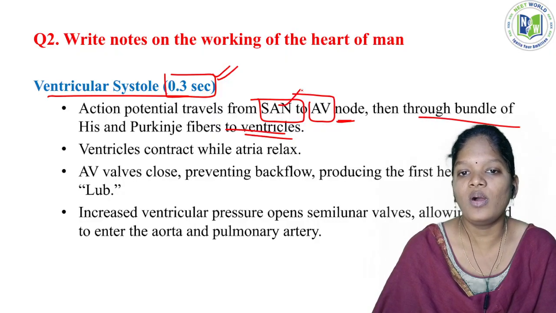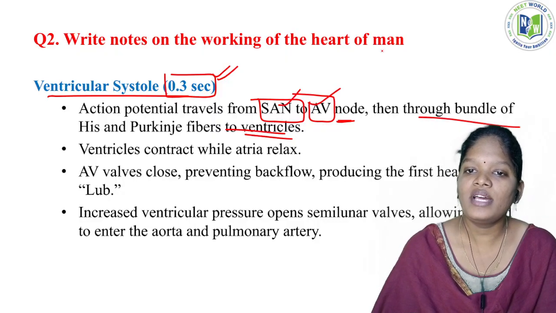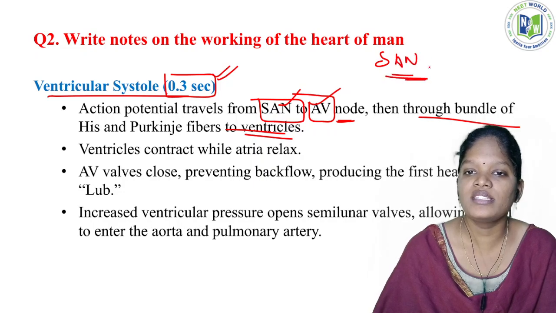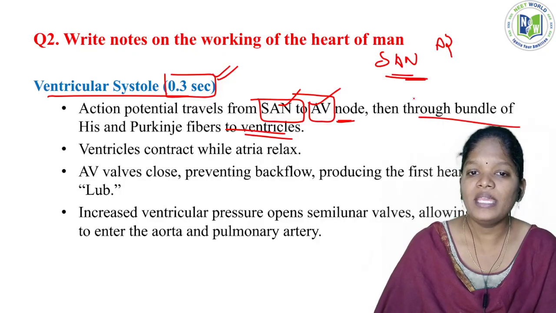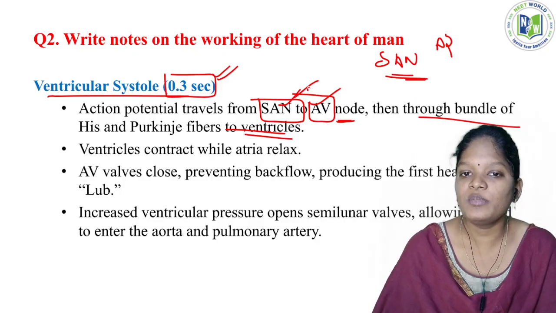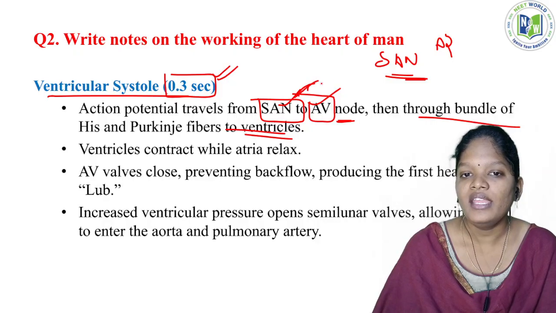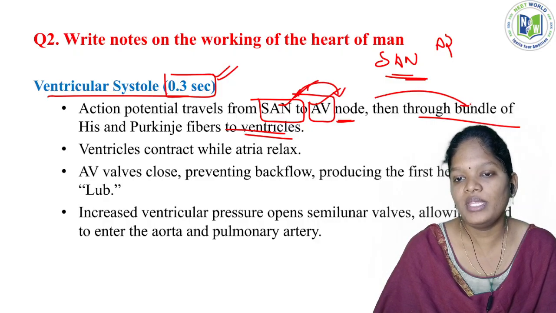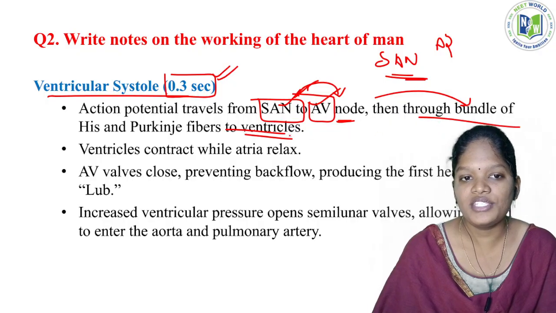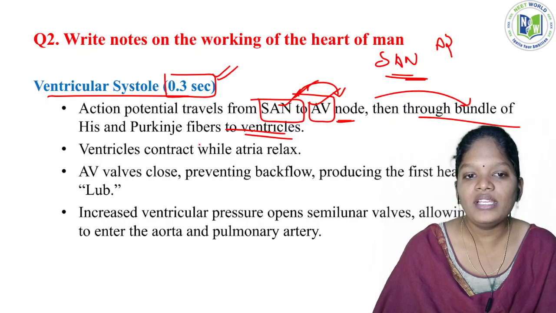The action potential generated by the SA node caused the atrial systole. Now the impulse travels to the AV node, from the AV node to the bundle of His and the Purkinje fibers. So now the ventricles contract.